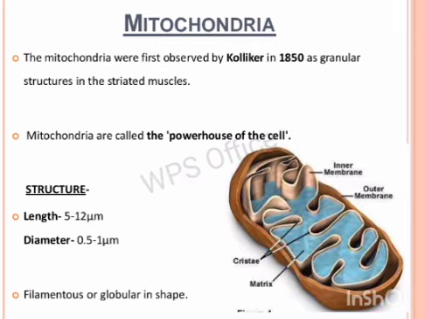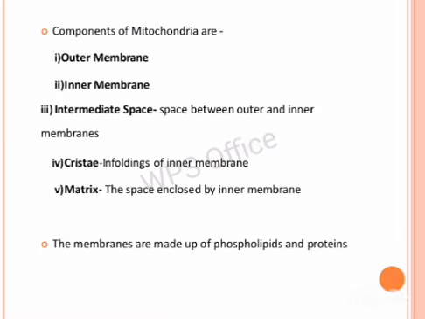Mitochondria were first observed by Kölliker in 1850. It is a granular structure in striated muscles. It is called the powerhouse of the cell. There are many structures in mitochondria, which are the inner membrane, outer membrane, and cristae matrix. The length is 5 to 12 micrometers and the diameter is 0.5 to 1 micrometer.